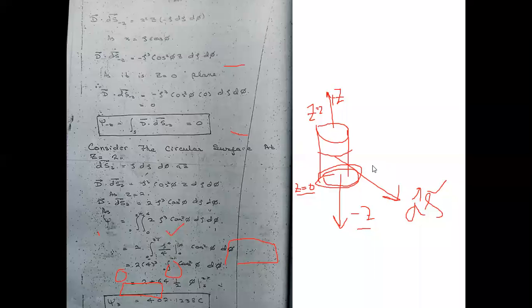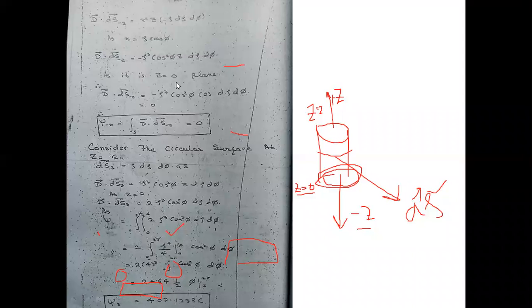Now consider the cylinder's z equal to 2 plane, which means the top one, in the direction of plus a_z.